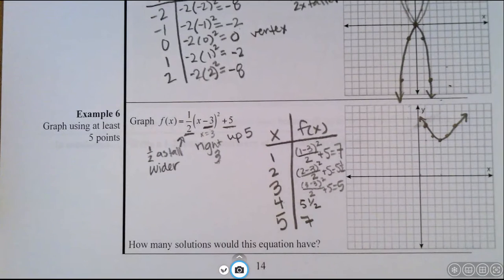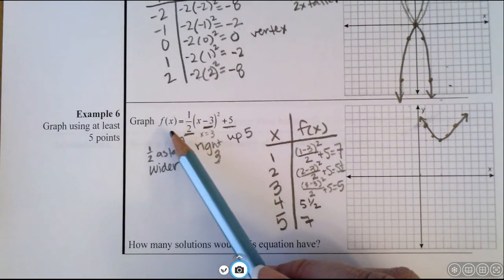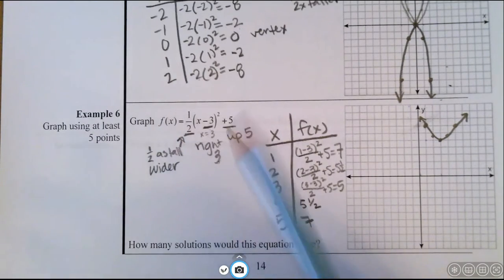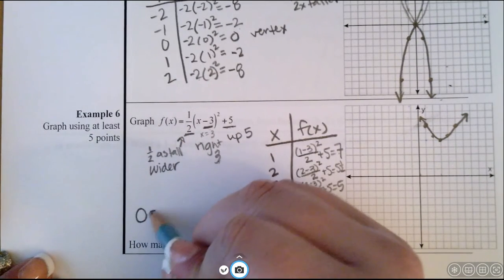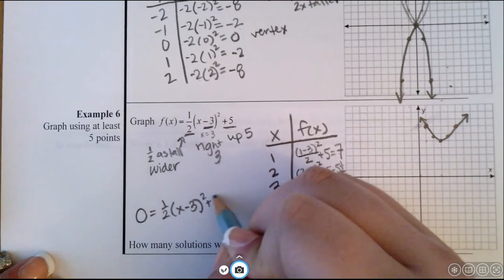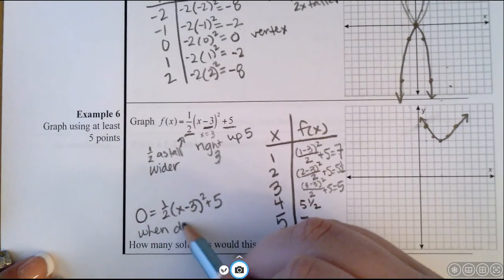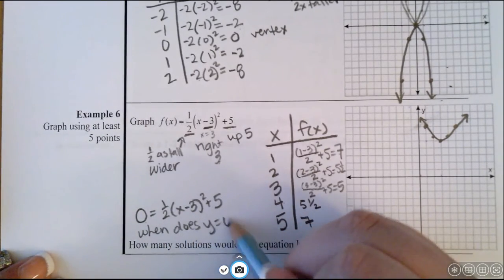Okay, now if we're looking at this graph and we want to know how many solutions would this equation have? Well, the solutions, remember, are when we set this equal to 0. So if I were to set 0 equals 1/2 x minus 3 squared plus 5, this is the same as saying, when does y equal 0?